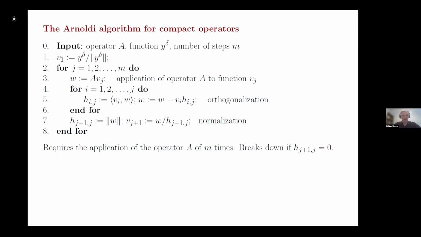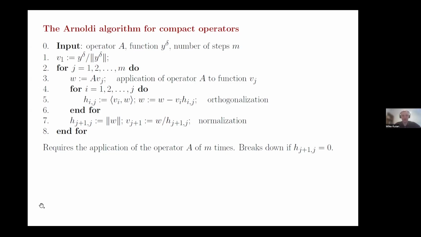Here we can see the Arnoldi algorithm for compact operators. Of course, originally it was invented for matrices, but it also can be applied to general compact operators if possible. The idea of the Arnoldi algorithm is to construct a Krylov subspace.